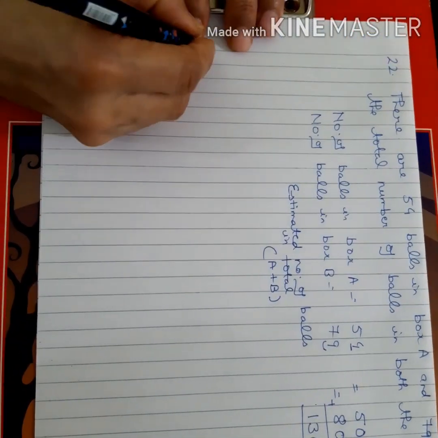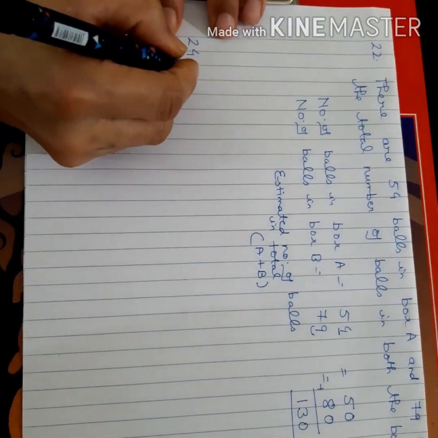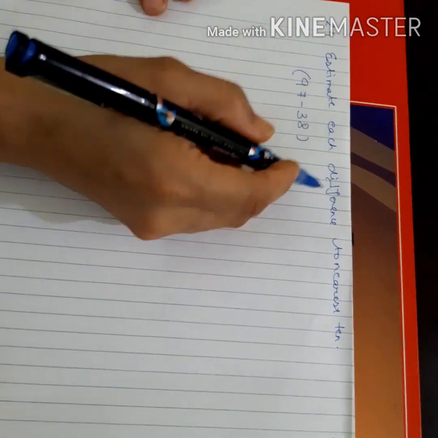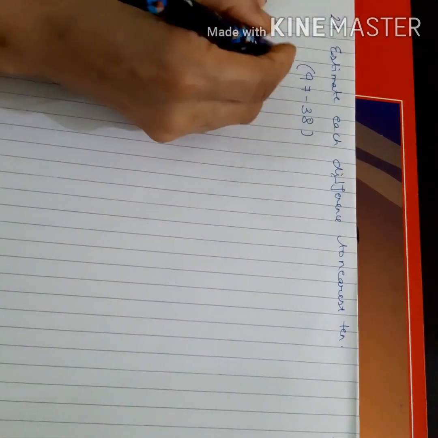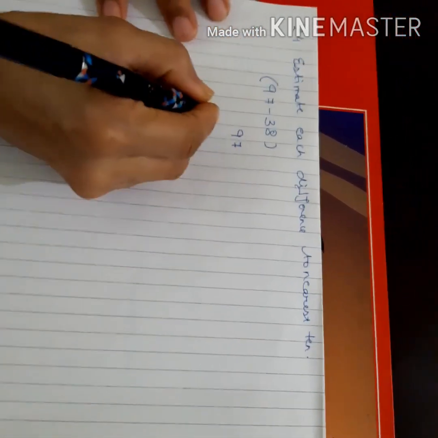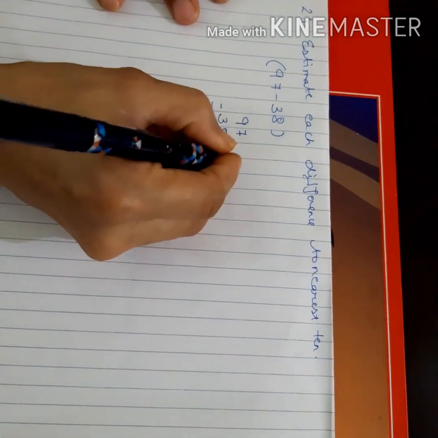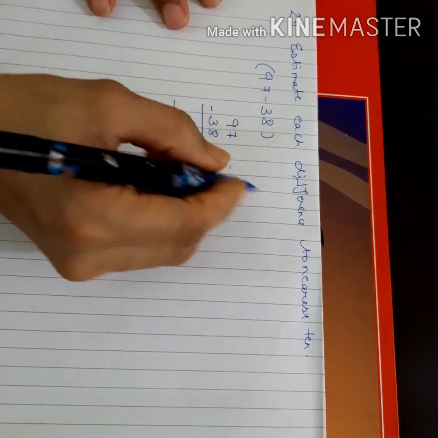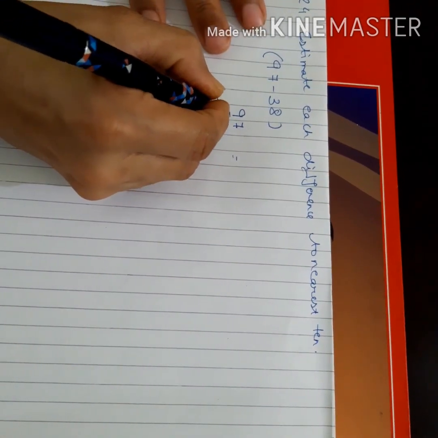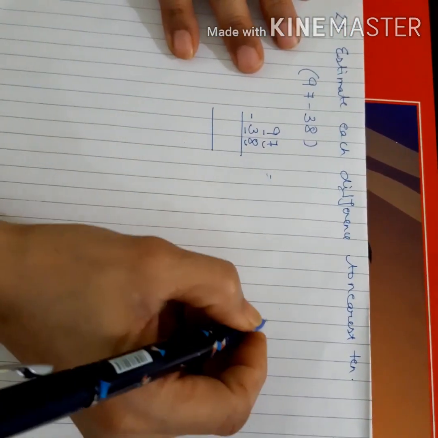Now question number 24. Estimate each difference to the nearest tens. 97 minus 38. Now we will round off this to the nearest tens. So we will underline the tens digit and we will check the ones digit.